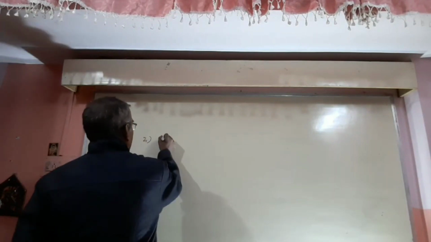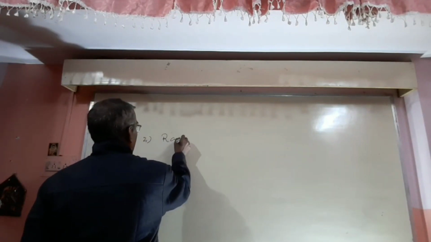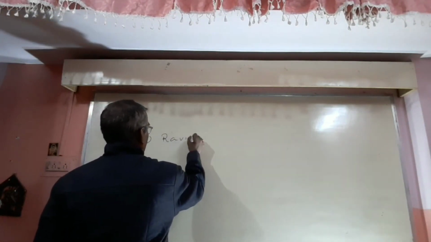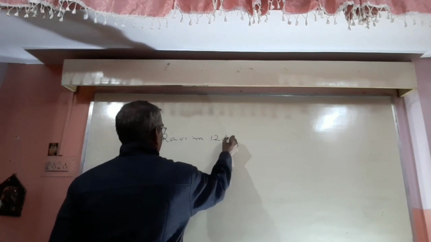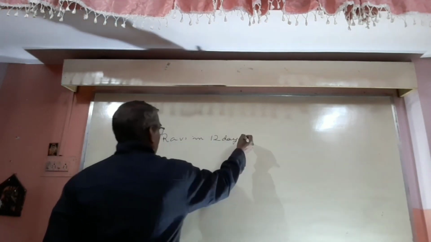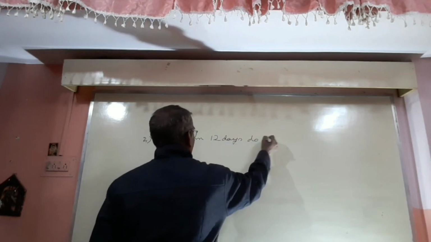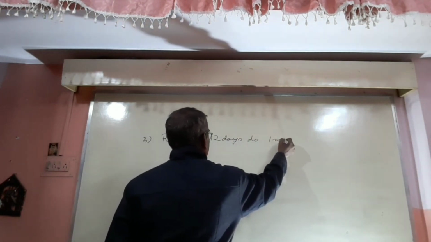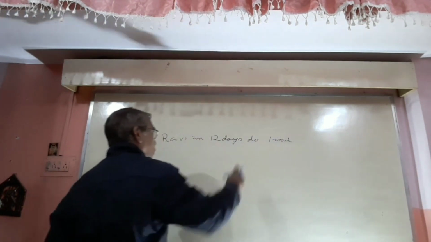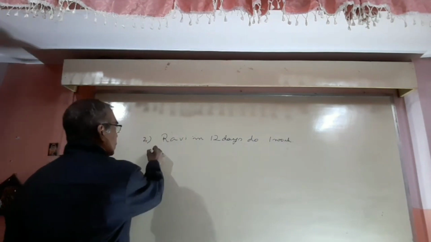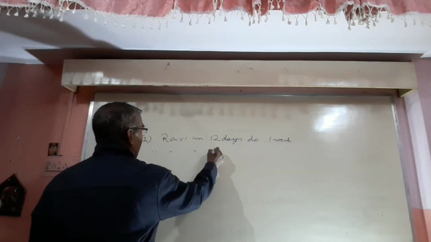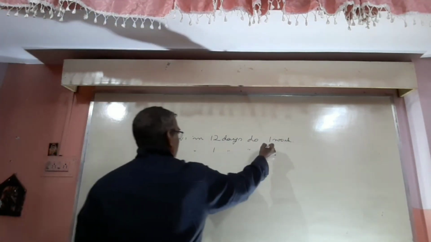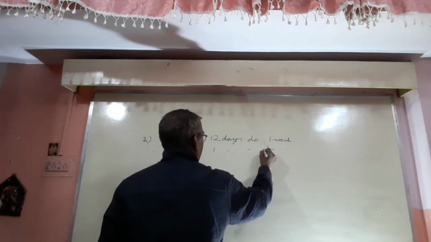Ravi in 12 days does one work. Therefore, Ravi in 1 day does how much work? 1 by 12 work.